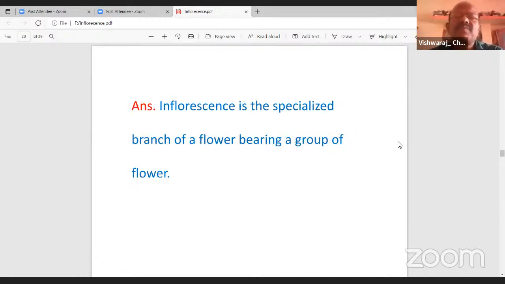The answer: inflorescence is a specialized branch of flowers bearing a group of flowers. That is inflorescence.